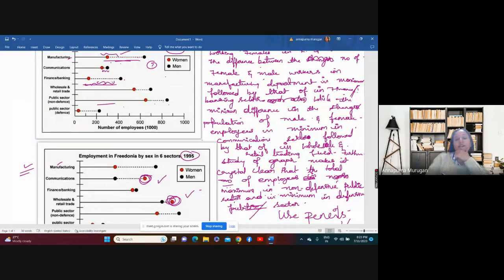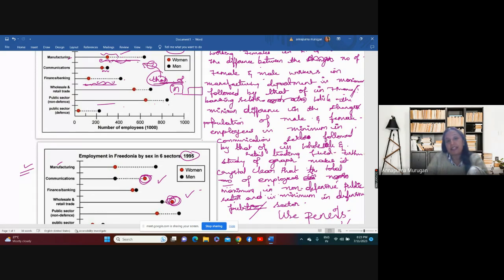So therefore, "followed by that of in." What is "followed"? Post this, or in comparison to this, the next highest is this. "That of in" is comparing the difference, and it indicates which field it is.